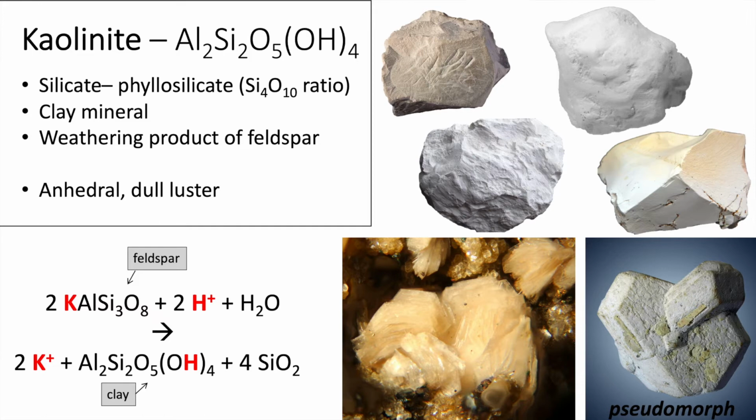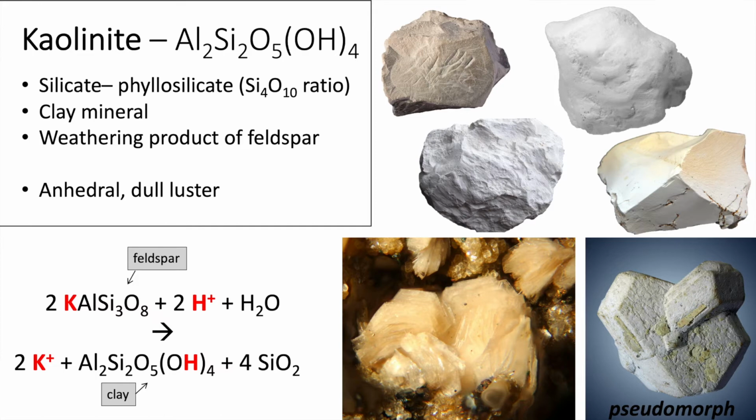And since kaolinite is forming from the weathering of feldspar, what's happening here is that you take a feldspar crystal that forms these nice prismatic blocky crystals, and you replace all of that feldspar material with this kaolinite clay material. And so the kaolinite clay material is just taking on that shape that the feldspar initially had.